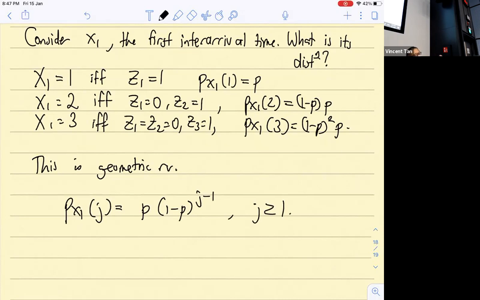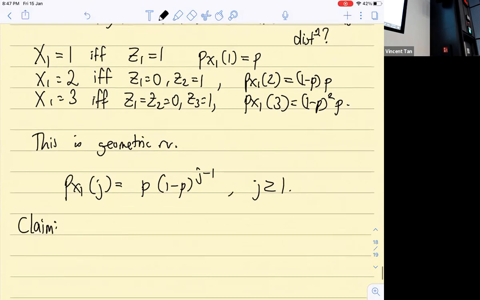So look at this. We started off with the Z stochastic process. Then we did some manipulation to get the S stochastic process. Then we talked about the inter-arrival times. The first inter-arrival time has this distribution. Claim: claim means you prove. I don't want to prove.